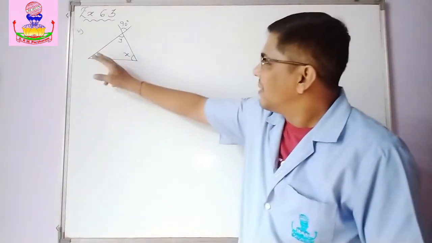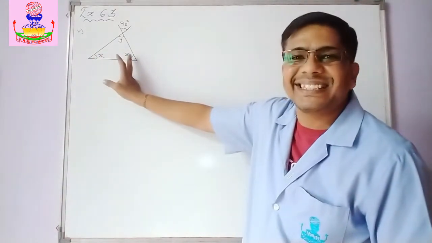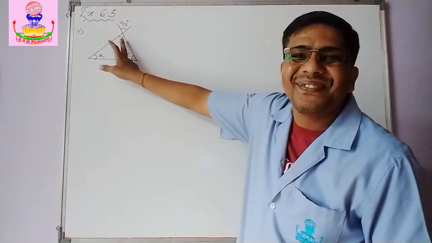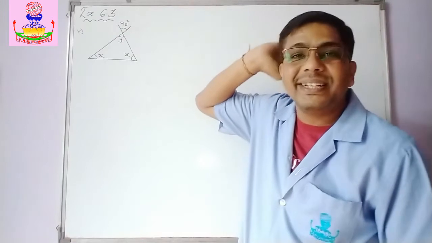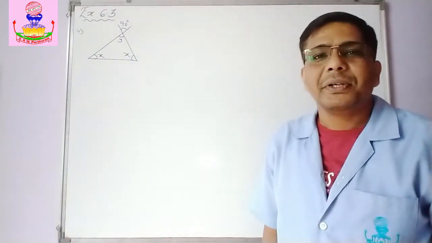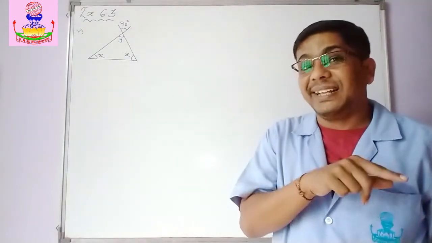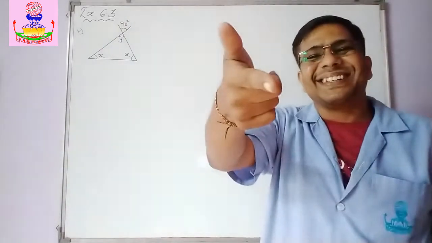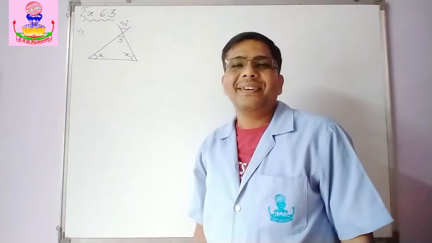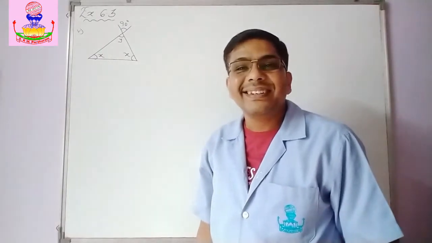So now, fifth example. This is X, and this is Y. Okay? And this one angle is given. It is 90 degrees. So again, just like the last example, Y is equal to, yes, 90 degrees.